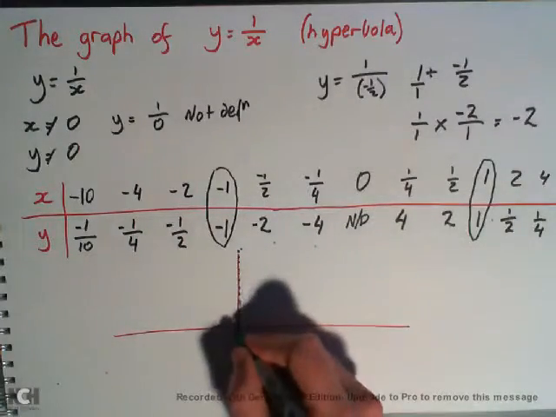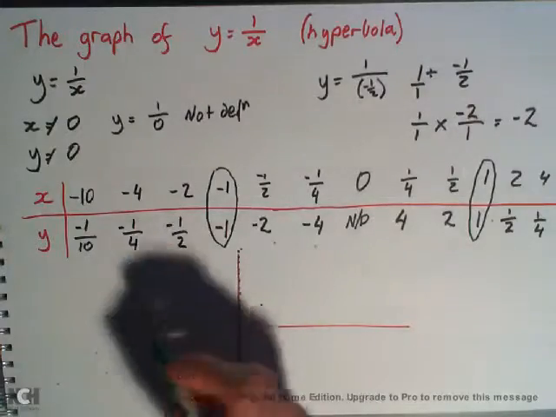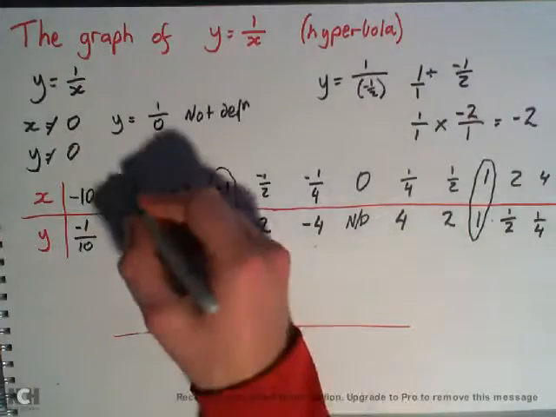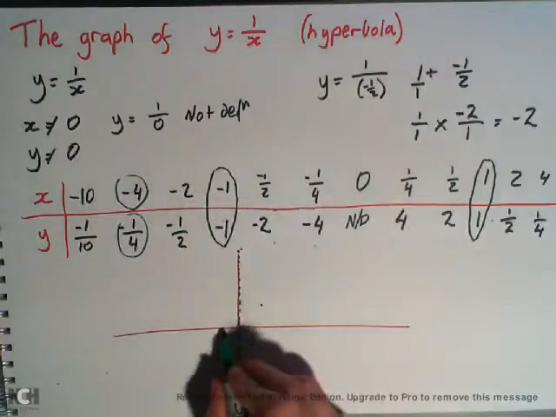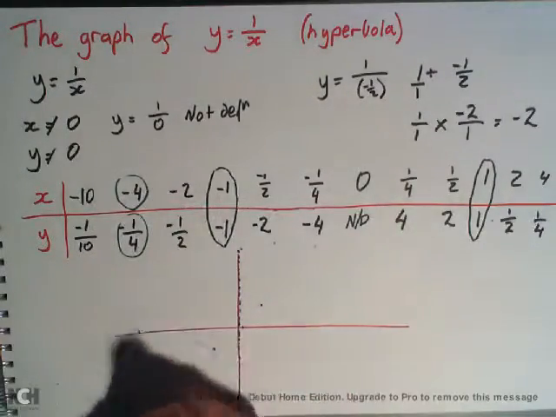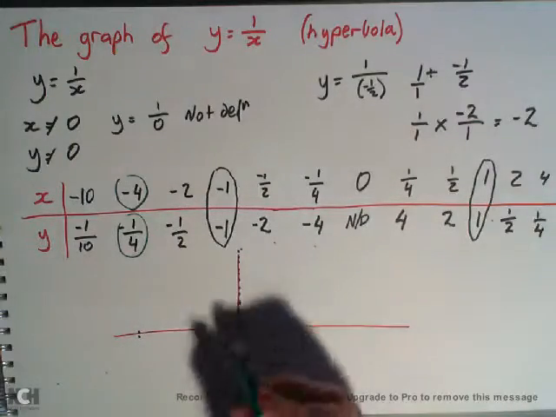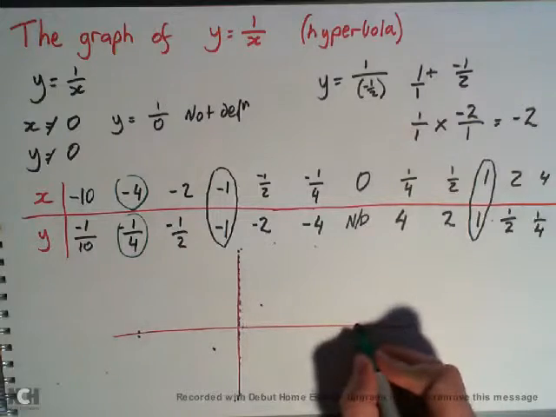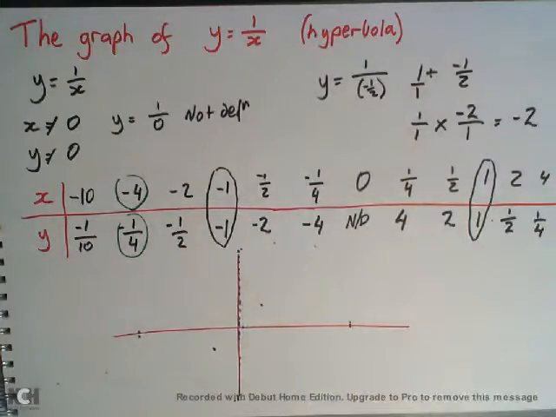Same thing for the negatives, it goes all the way down here. Then, when I look at the point 4, or negative 4, it only goes down a little bit. And same thing on this side, when we go across to 4, it only goes up a slight amount.